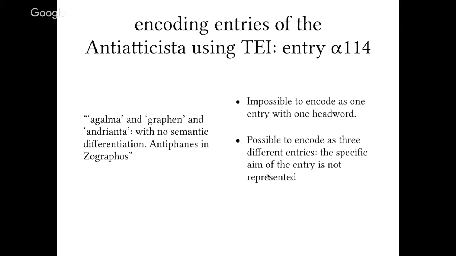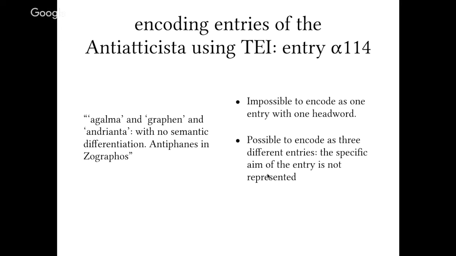The entry reads Agalma, which means statue, and graphen, which is the accusative of graphe and means more or less drawing, and andrianta, which is also a statue, trois quarts, or only the head of a man.